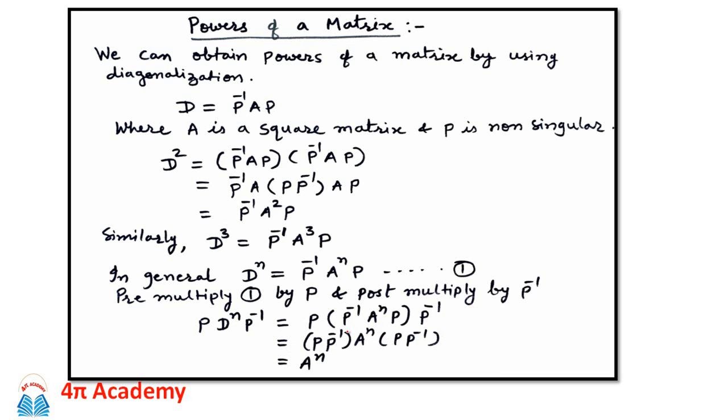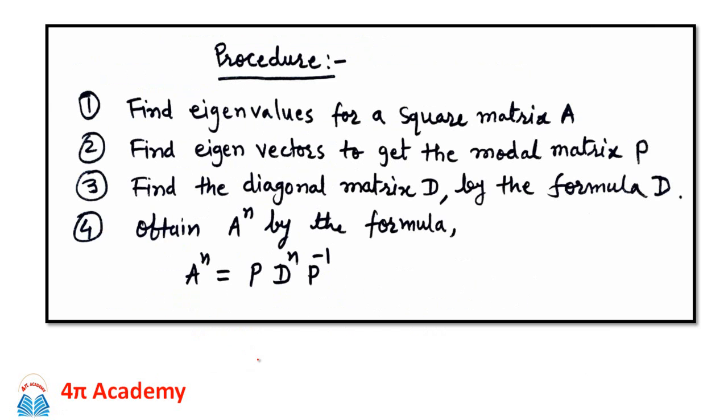But you know that P into P inverse is equal to identity matrix, so that will be equal to A raised to N. So the method of finding the power of a matrix, that is A raised to N, is P multiplied by D raised to N into P raised to minus 1. So here you need to find first the diagonal matrix of a given matrix.